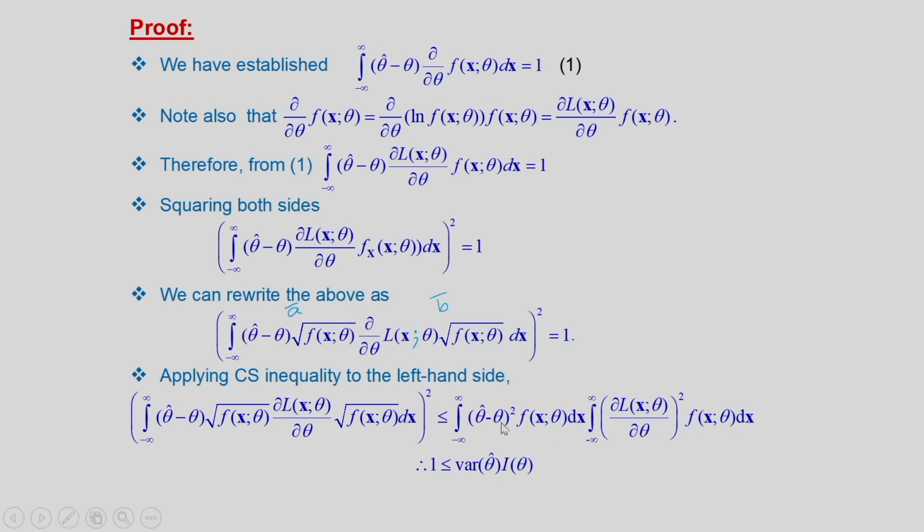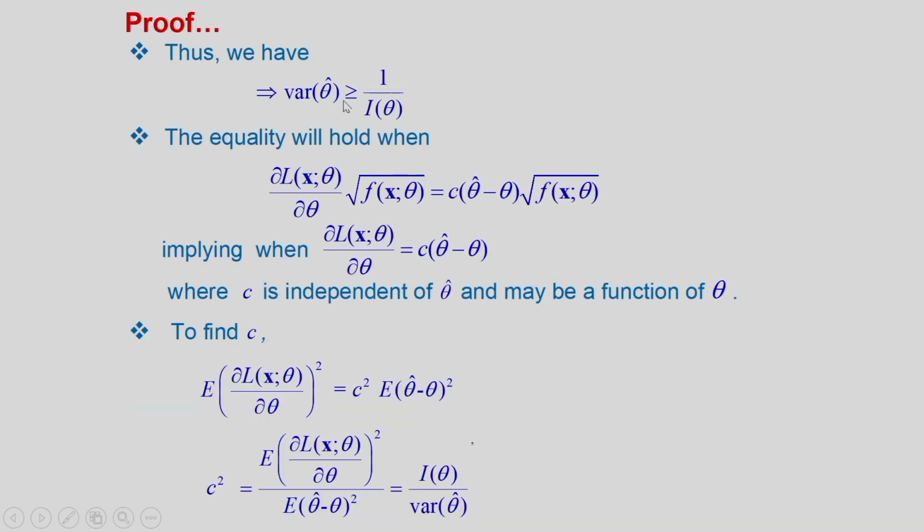So, by definition, this is the variance of theta hat, and this part is the Fisher information statistic. So, variance of theta hat into I(theta). Because this expression is equal to 1, therefore, 1 must be less than or equal to variance of theta hat into I(theta). So, from this we get that variance of theta hat is greater than or equal to 1 by I(theta).